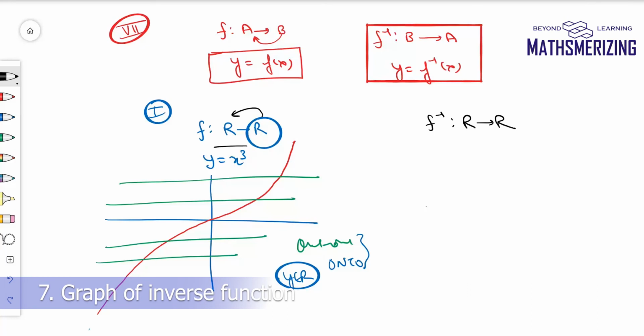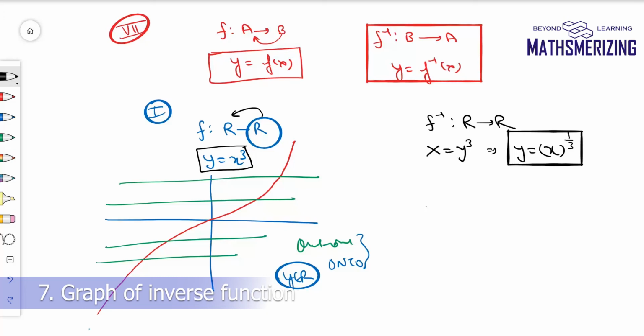In order to write its inverse function, I'll interchange x and y. So I'll write x equals y cube, or I can simply write y is x to the power 1 by 3. So the inverse of the function y equals x cube is y equals x to the power 1 by 3. Now we'll draw the graph of the cube root of x.